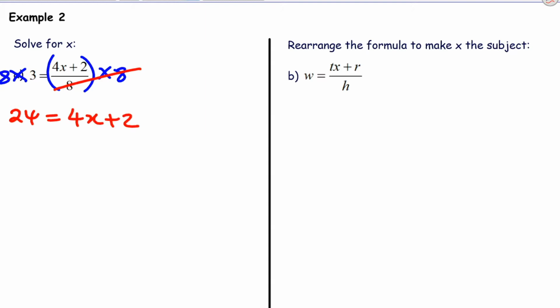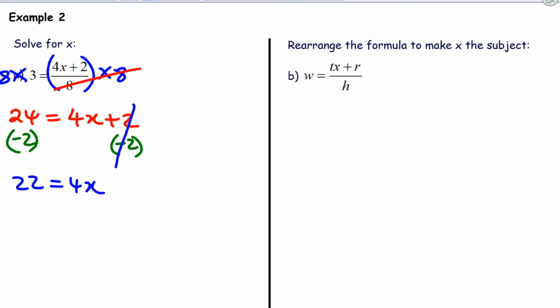Okay, so remember we want to be left with x alone. So we need to get rid of the 2. So subtract 2 on each side. So 2 minus 2, that will be equal to 0. So we are left with 22 is equals to 4x.